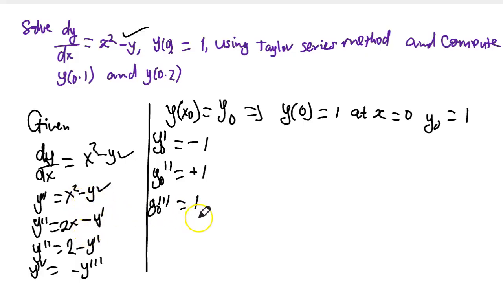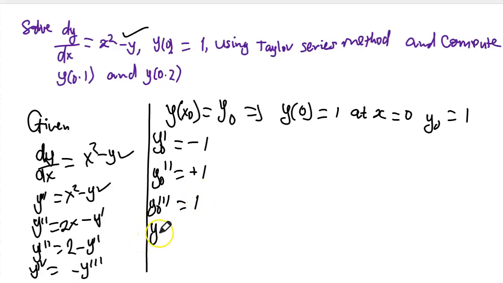So you will be using the previous. We have got y prime to be equal to negative 1, so you apply this negative 1 in y double prime to get positive 1. When we apply this positive 1 in y triple prime, because we know here our y triple prime is 2 minus y double prime, it is simply negative. Negative becomes positive. So we have 1.